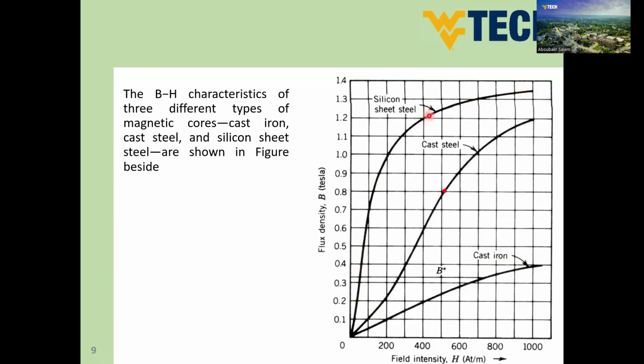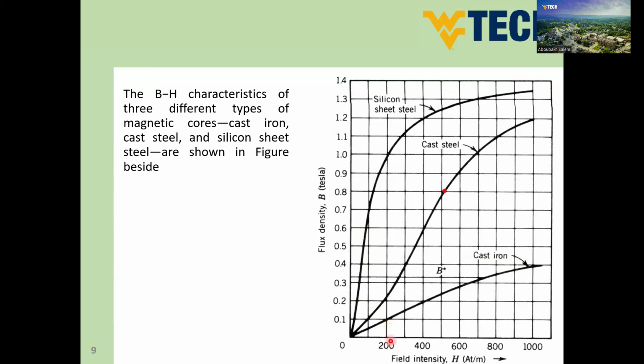This material here is called silicon sheet steel. This is one of the preferred magnetic materials used in electrical machines. Another material here is called cast iron. As you can see, at the same value of ampere turn per meter, the value of magnetic flux density is very small.